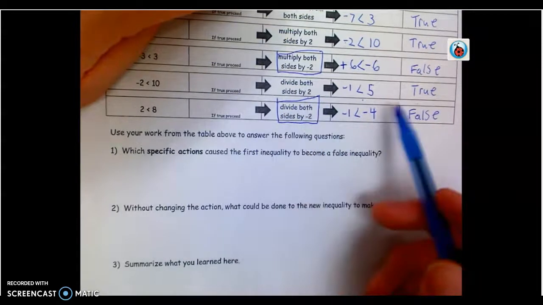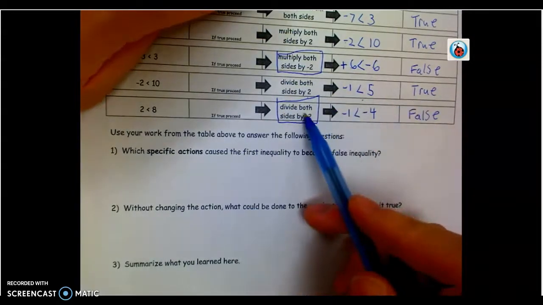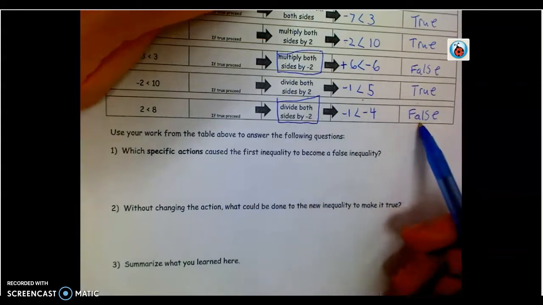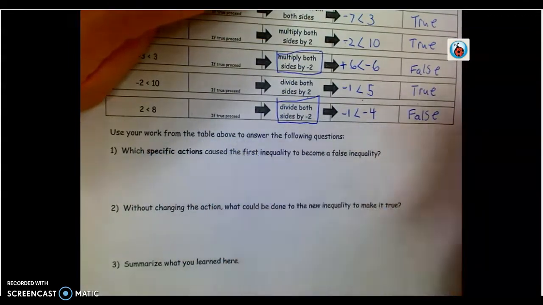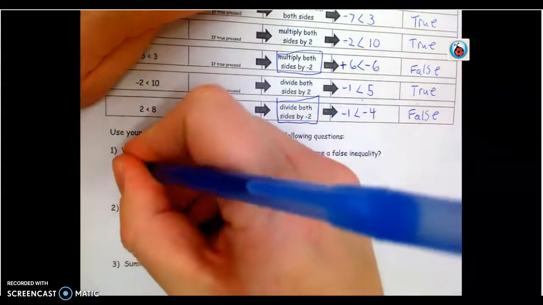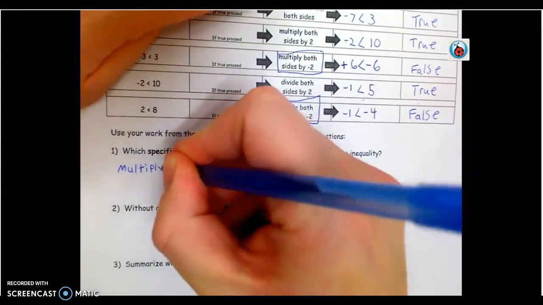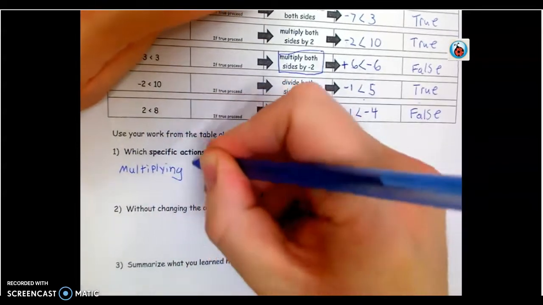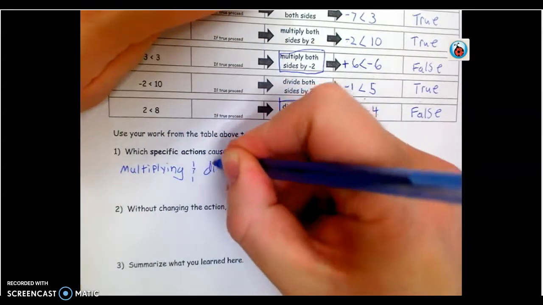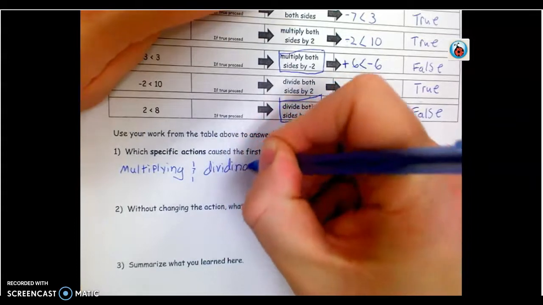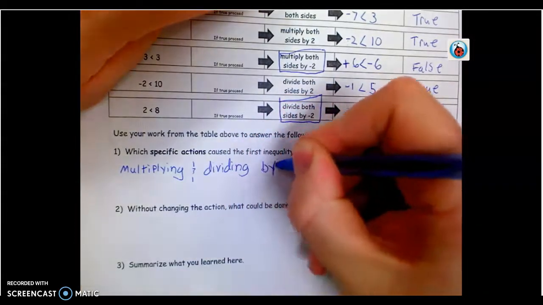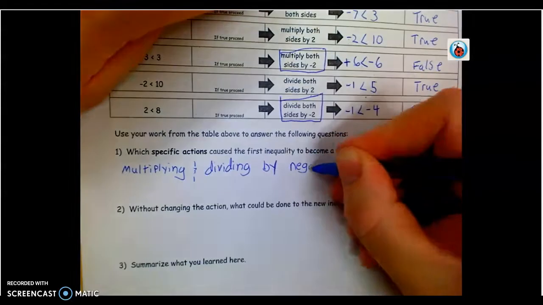Dividing by +2 made it stay true, but dividing by -2 made it false. So which specific actions? You should be writing this with me. Multiplying and dividing by negatives.